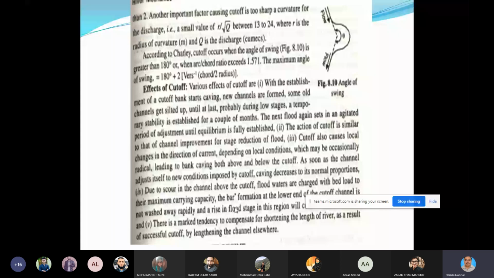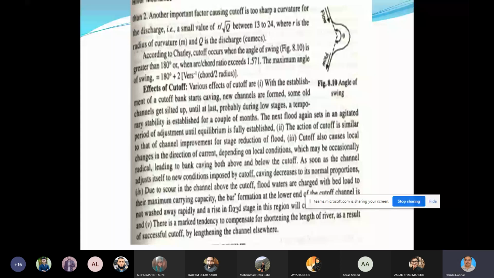As you have shortened the distance, if it was a meander, the flood peak would have had to travel that meander, and it would have taken longer for the peak to arrive. But due to the formation of the cutoff, the arrival of the peak will be sooner, and it will give you less time for evacuation or for the flood warning. So this is another effect of cutoff.